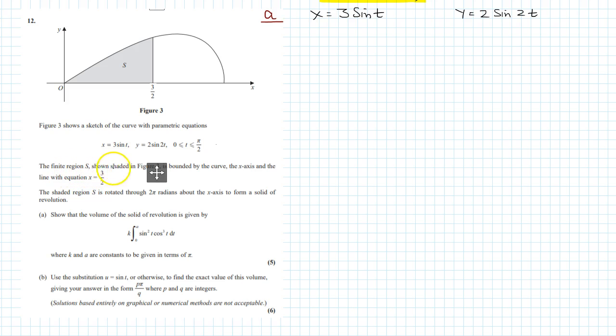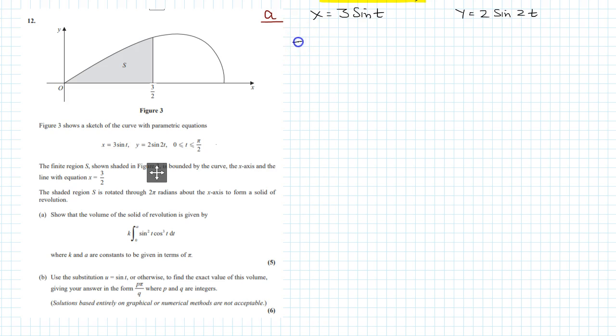The finite region is shaded in the figure, bounded by the curve, the x-axis, and the line x is equal to 3 over 2. It is rotated through 2 pi about the x-axis. Show that the volume of solid of revolution is given by.